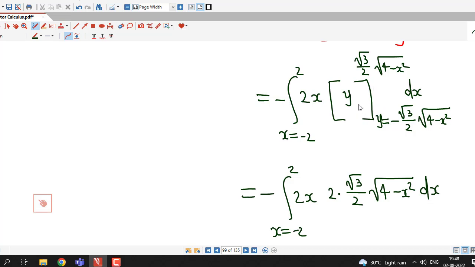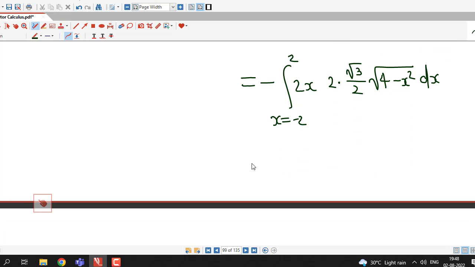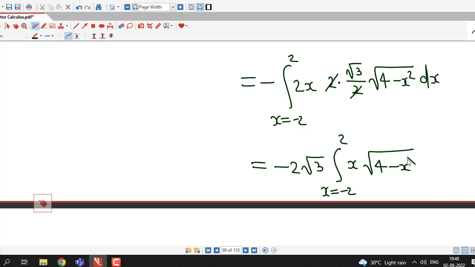Because of the negative sign of the lower limit and this negative sign, we will have 2 times root 3 by 2 square root of 4 minus x square, and here the 2s will cancel out, and we have 2 and root 3 constant that we can take outside the integral, and we are left with integral of x times square root of 4 minus x square with respect to x, from x equal to minus 2 to 2.